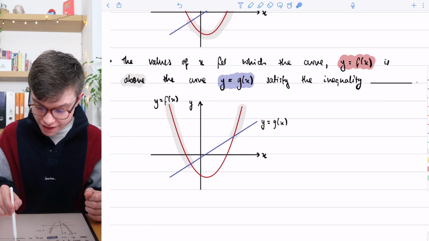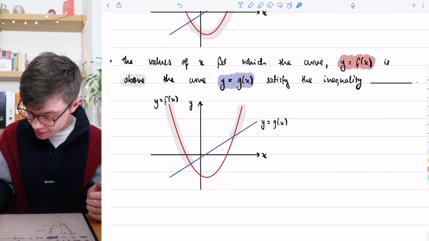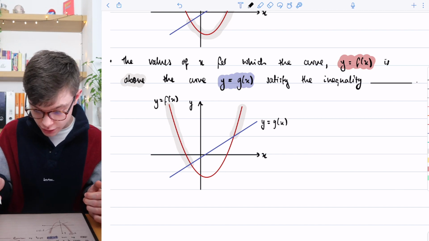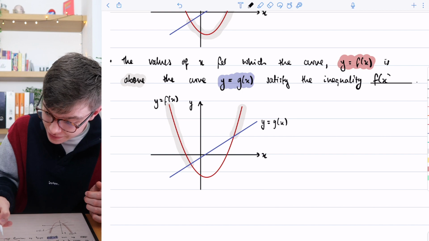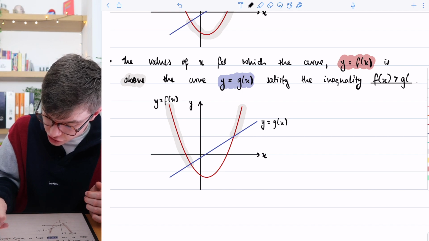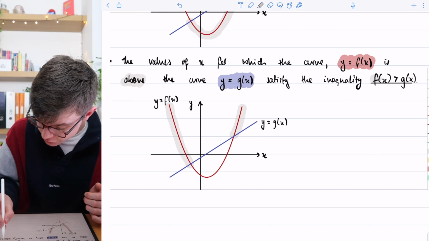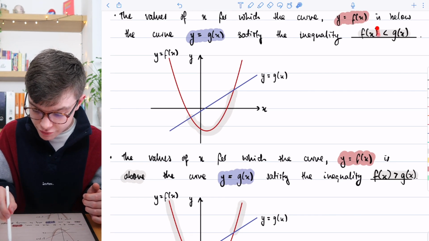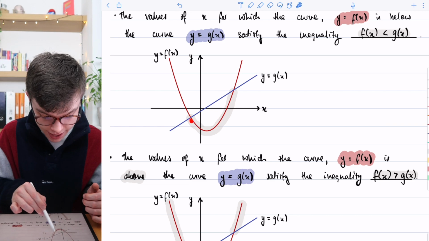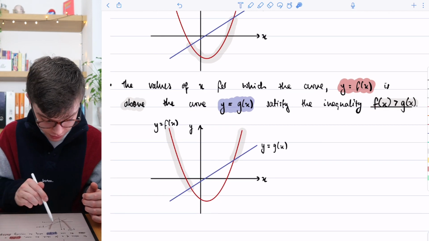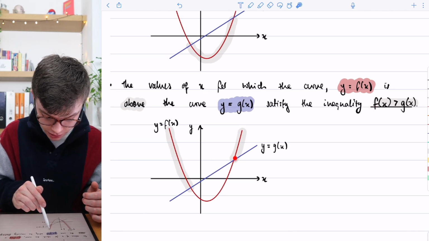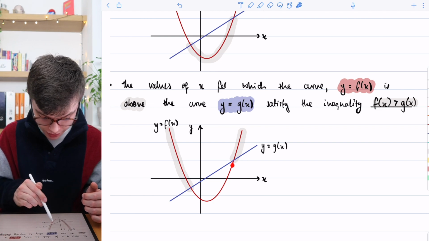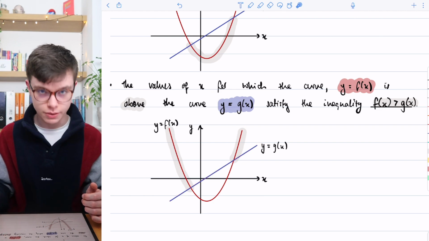Well, we want f of x to be above, so what that says is, and we could write it the other way, that f of x is greater than g of x for the grey section of the graph, okay? Here we had f of x being less than g of x. Here we've got f of x, which remember is the red curve, being greater than g of x, okay?